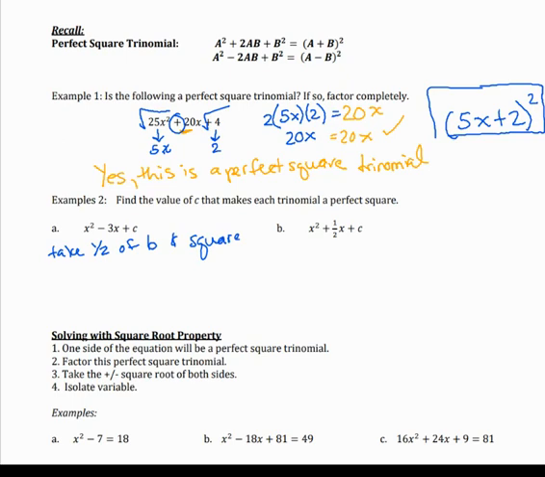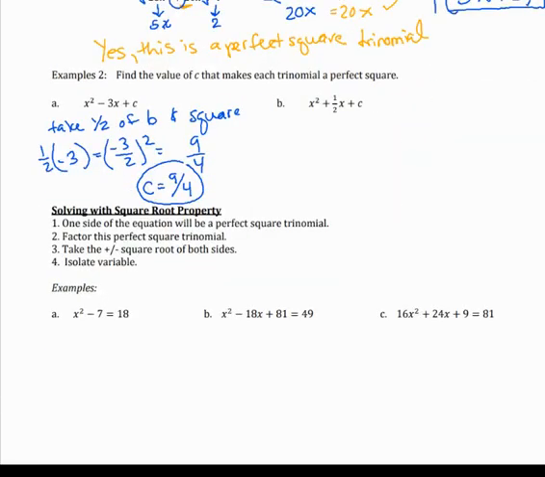So instead of doubling, we're going opposite. We're taking half, and instead of square rooting, we are squaring. In this case, half of -3 is -3 halves. And then we square that, which gives me 9/4. So c equals 9/4. You try B. Take half of the b value and square it.